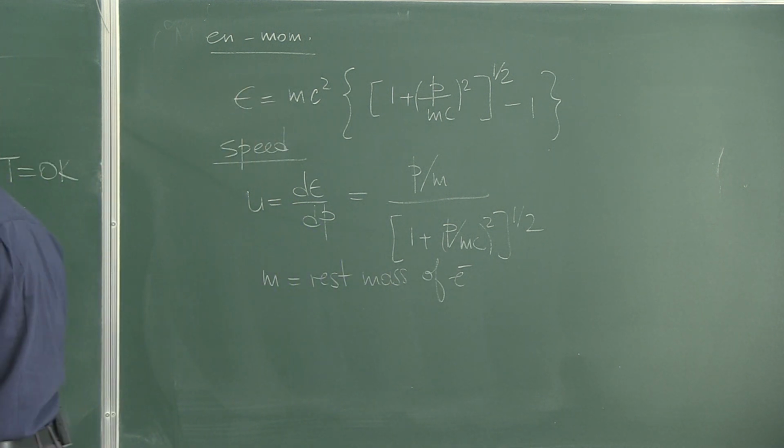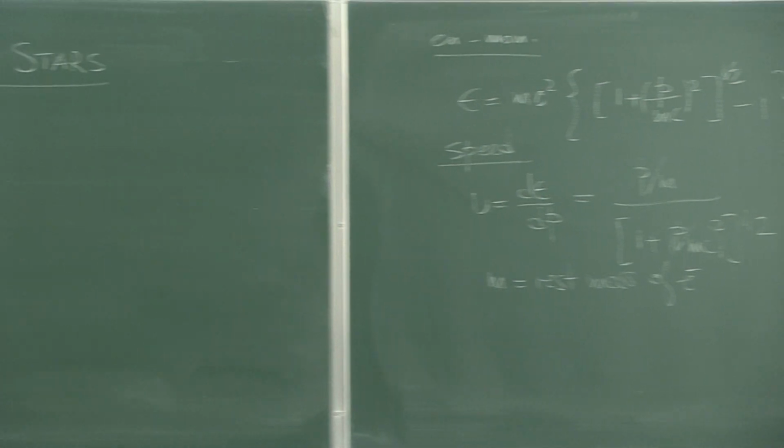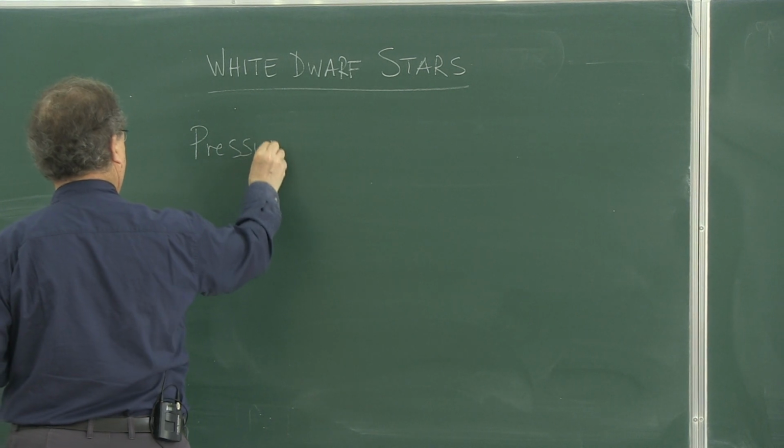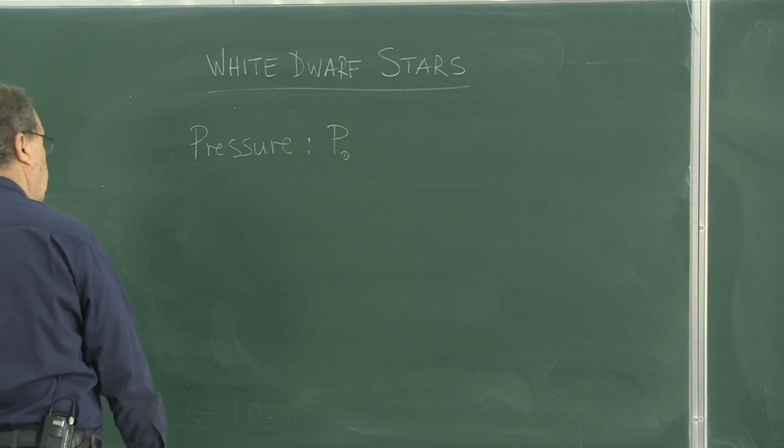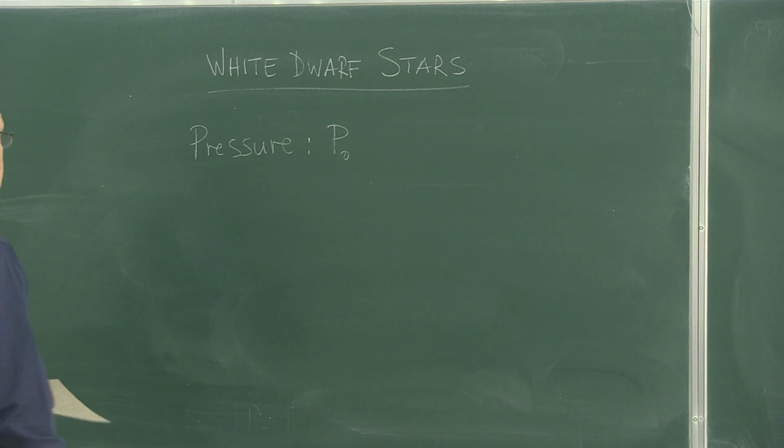Now we can write the pressure for the gas, because we are after the pressure, and the gravitational pressure in some sense, coming from the potential energy. Let's call the pressure of the gas P0.